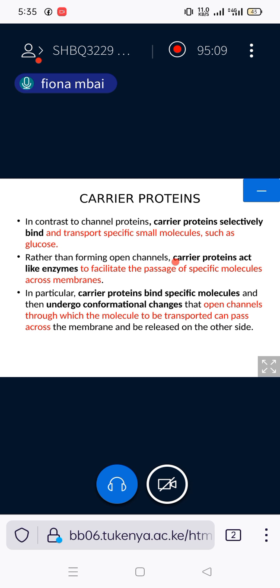Remember that lock and key hypothesis of enzymes, and then remember the kinetics of enzymes. So this happens to facilitate the passage of specific molecules across membranes. In particular, carrier proteins are known to bind specific molecules, then undergo conformational change. This change will open the channel through which the molecule to be transported can then pass across the membrane and then be released on the other side.